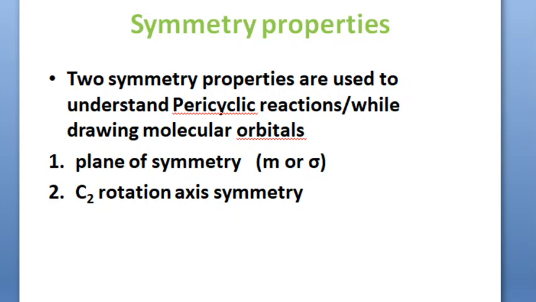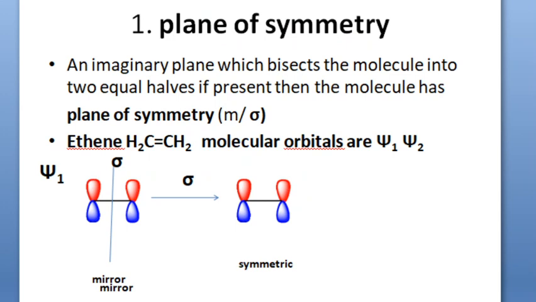So let us see these two operations in simple atomic molecular orbitals, like a psi1 molecular orbital of ethene. In this, let us do these two operations, that is plane of symmetry and C2 rotational axis of symmetry.